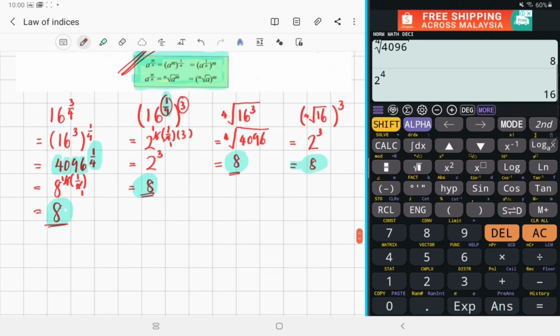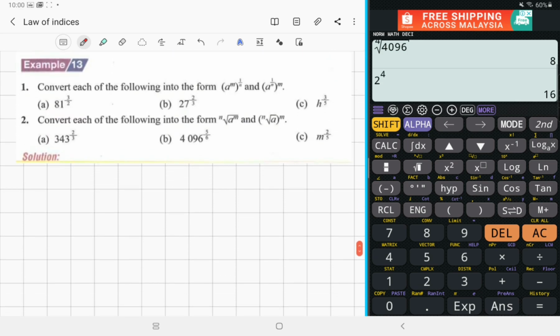Alright, now look at example 13, number 1A. The question asks you to convert each of the following into this form and this form. So we write it as 81 to the power of 3 over 2.